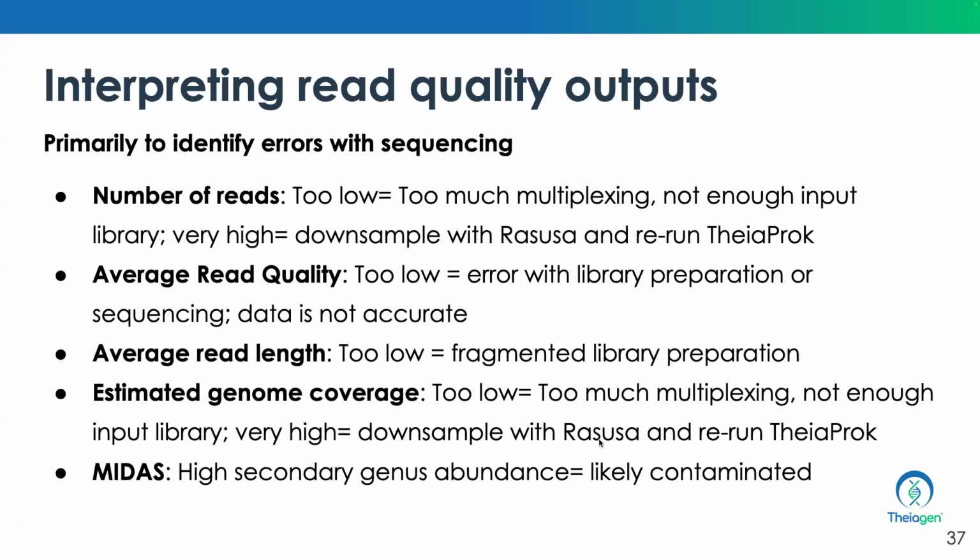If you need to change this, for example, if you are analyzing a data set where you expect co-infections, then you will probably expect that the secondary genus abundance will be more than 1%. Again, this is an optional task, so you have to enable it during the workflow, and we'll see how to do that Thursday.